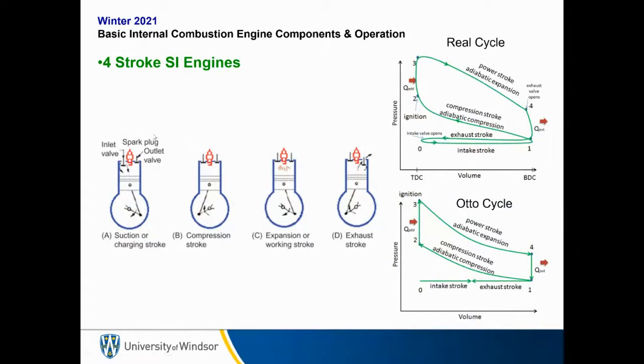Okay, so we said we were going to look at 2 types of 4-stroke engines, spark ignition and compression ignition. As we said, there are really only 2 main differences between spark ignition and compression ignition. In spark ignition, the fuel-air mixture is ignited by an external spark.